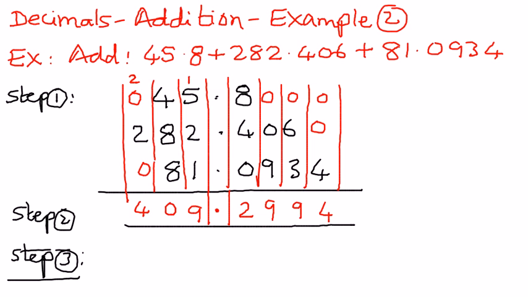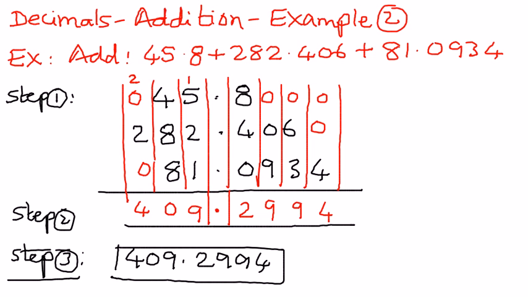When we added these three numbers, the answer came out as 409.2994. This is how we want to be able to understand addition of decimal numbers.